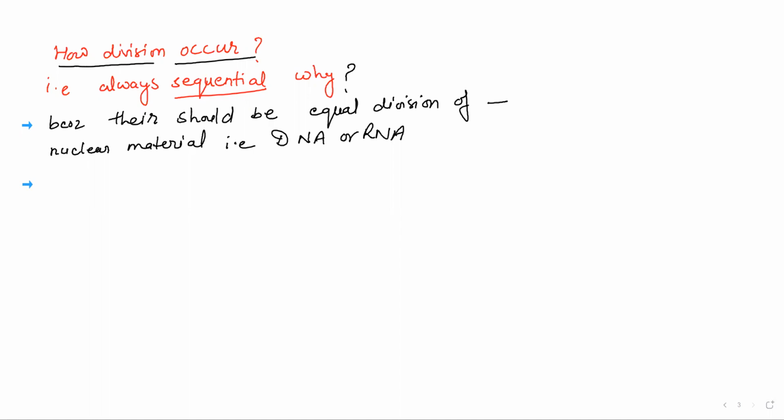Next, there should be equal division of all cell organelles, along with the cytoplasm also.